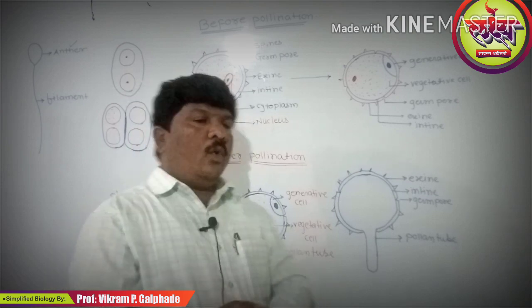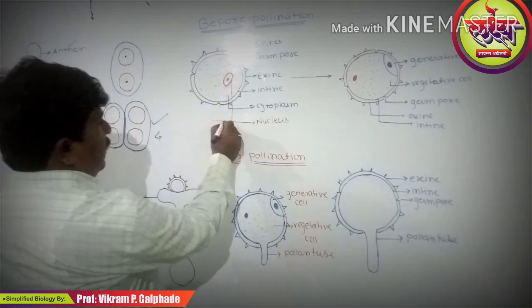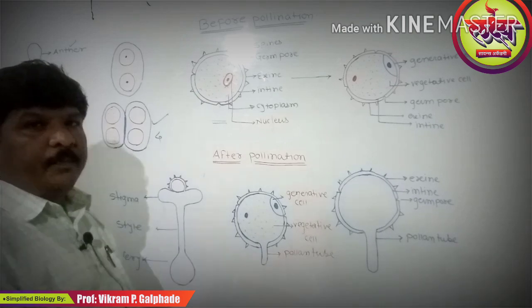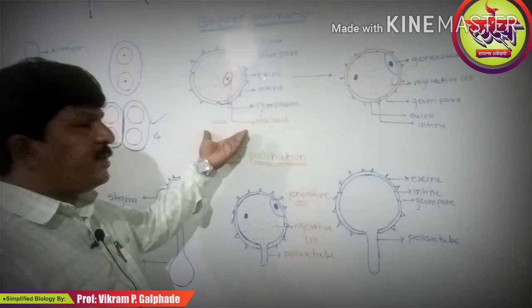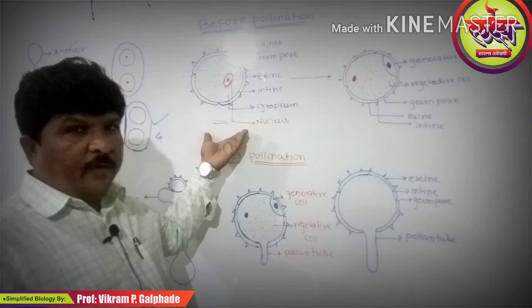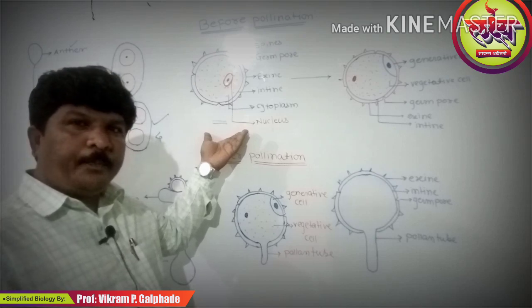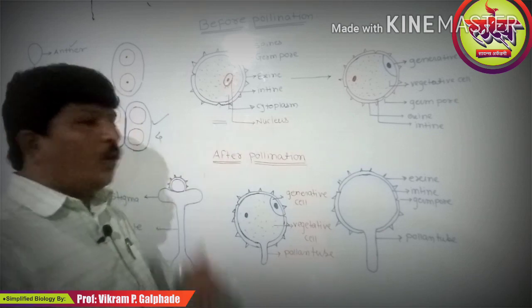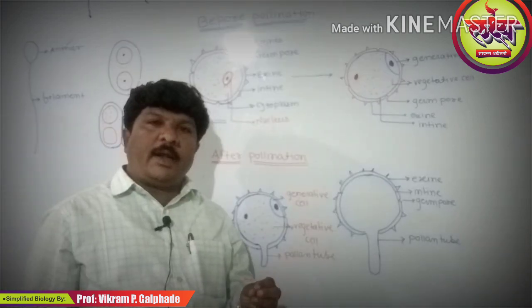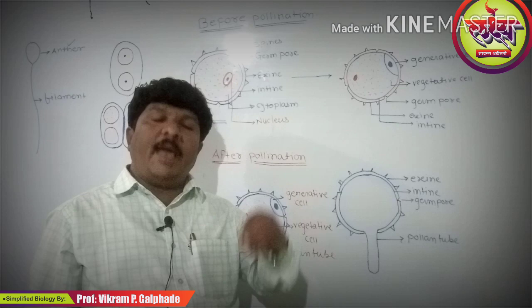These pollen grains look like this structure. Pollen grains are the first cell of development of the male gametophyte, or male gametes. These pollen grains are unicellular, uninucleate, haploid.